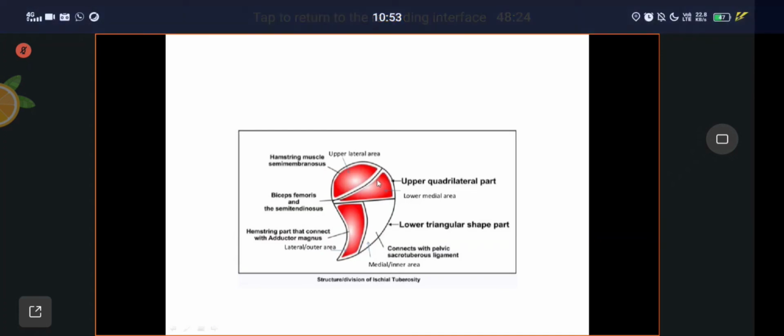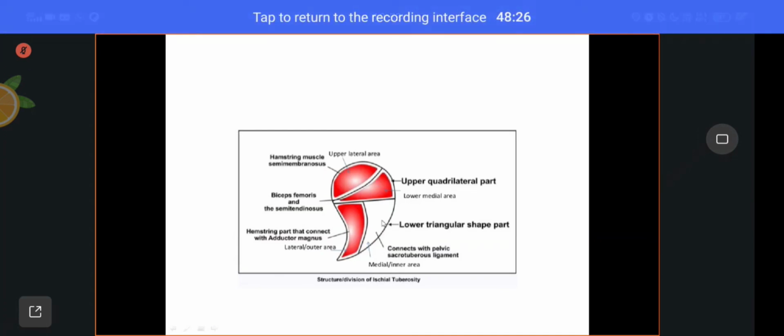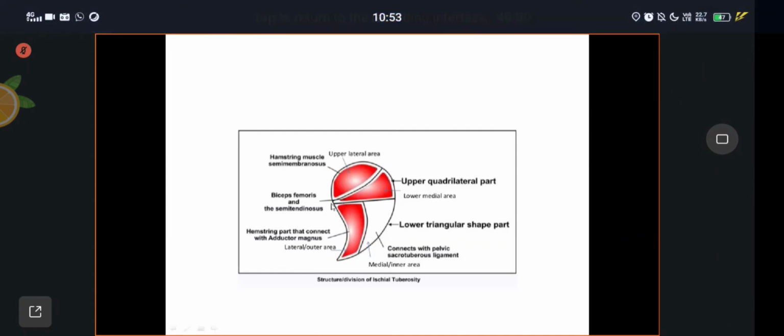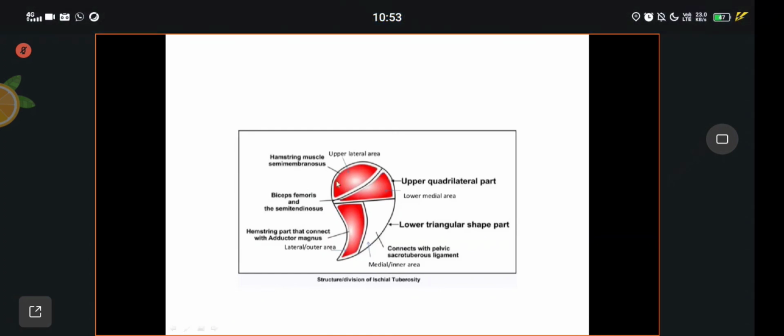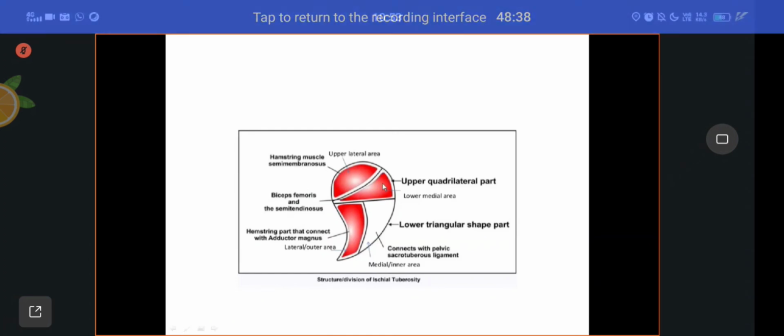The upper quadrilateral part is again divided by an oblique line into a supralateral area and an inferomedial area, and the lower part is triangular.